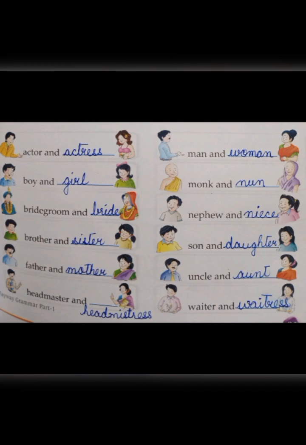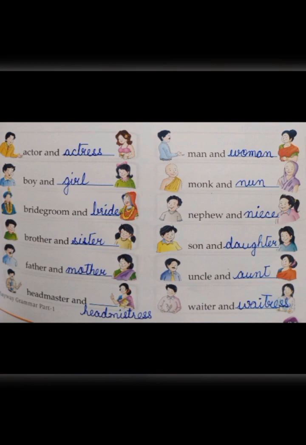Monk, nun. Nephew, niece. Son, daughter. Uncle, aunt. Waiter, waitress. Just do the exercise in your English 1 notebooks.